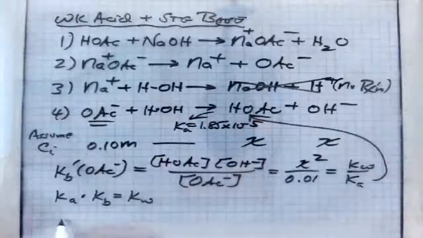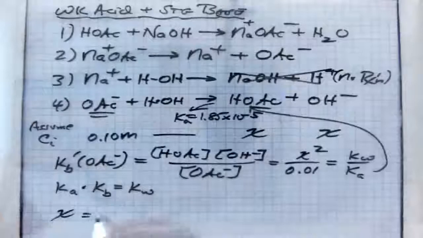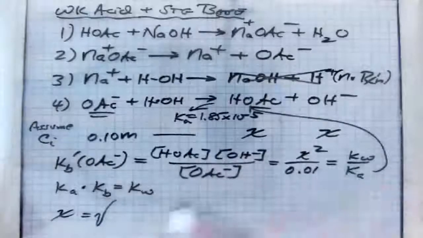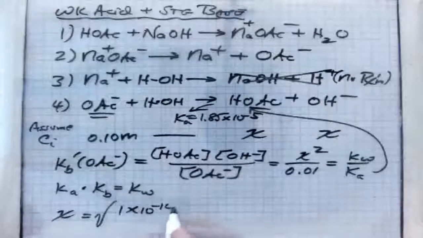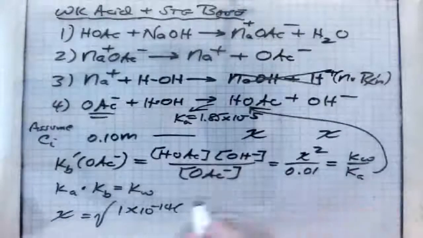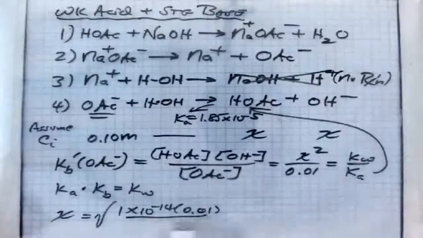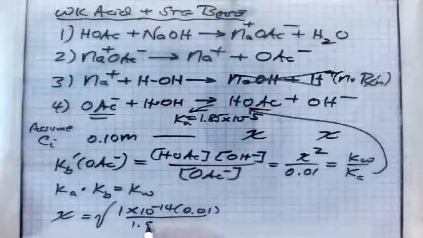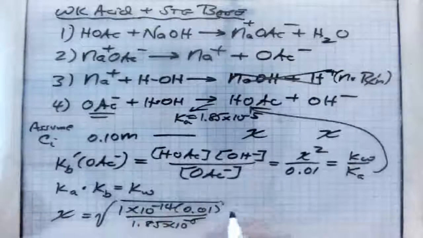So now we take the pOH, being minus log of the hydroxide concentration, minus log of 7.35 times 10 to the minus 6, and that's 5.13.